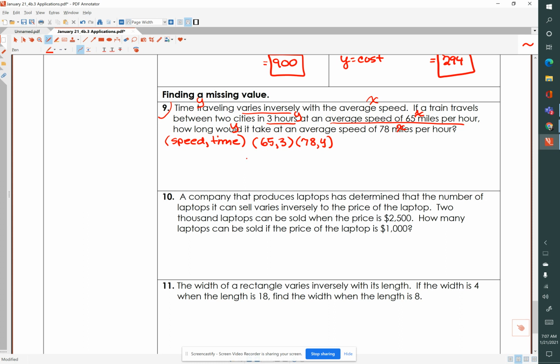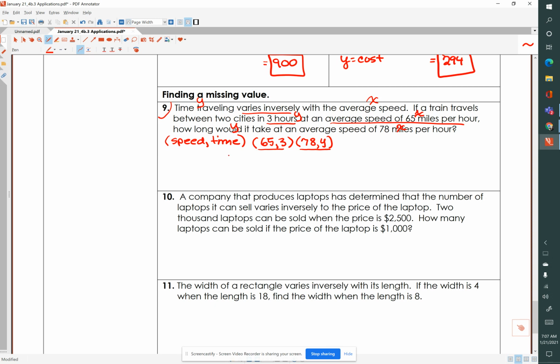What we're going to do is set these two ordered pairs equal to each other, because x times y will equal x times y, because the difference is constant. Even though it's an inverse relationship, the change is steady and constant. That's why we call it a constant of variation.